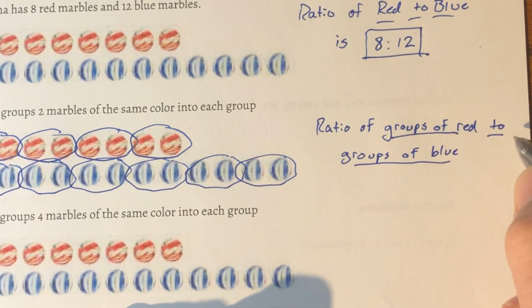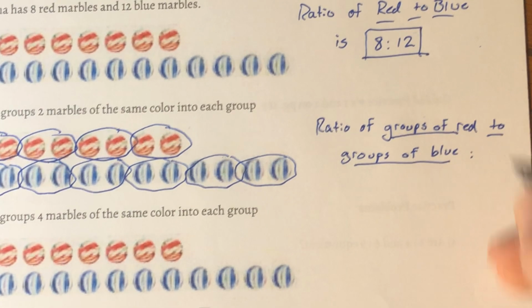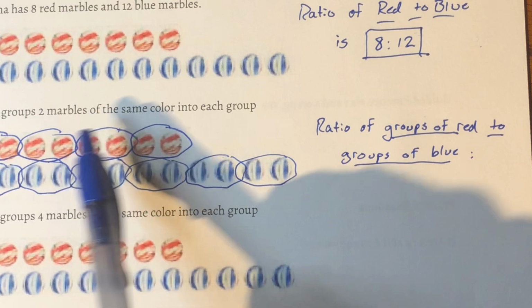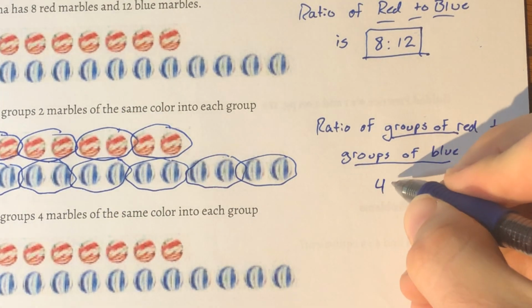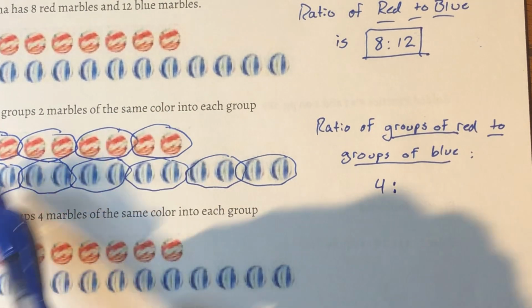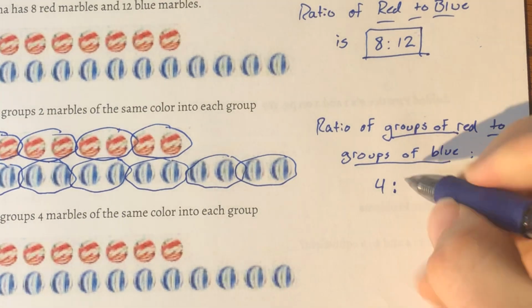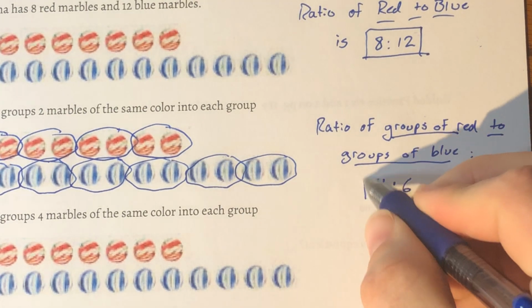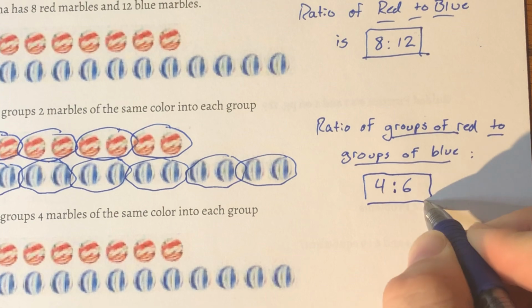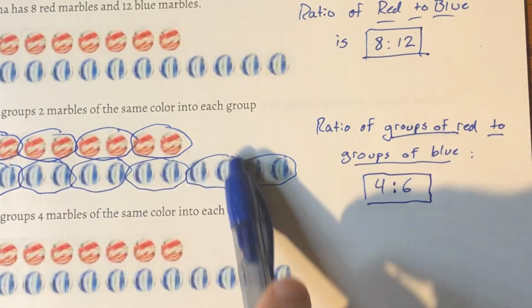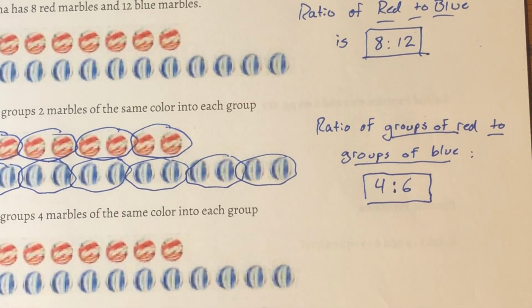That would be 1, 2, 3, 4 groups of red to 1, 2, 3, 4, 5, 6 groups of blue. So our new ratio is 4 to 6 with the same marbles. They've just been regrouped.